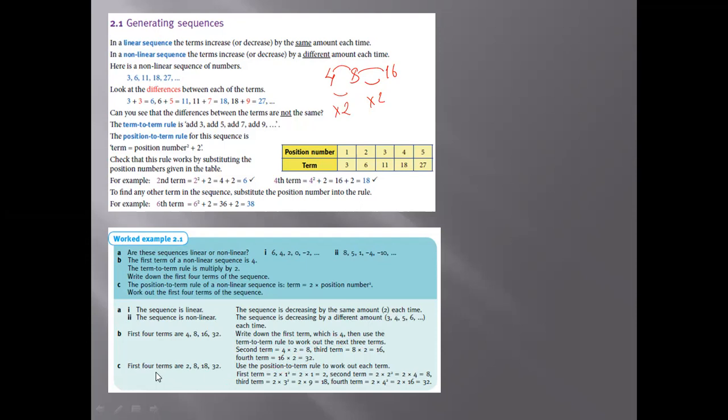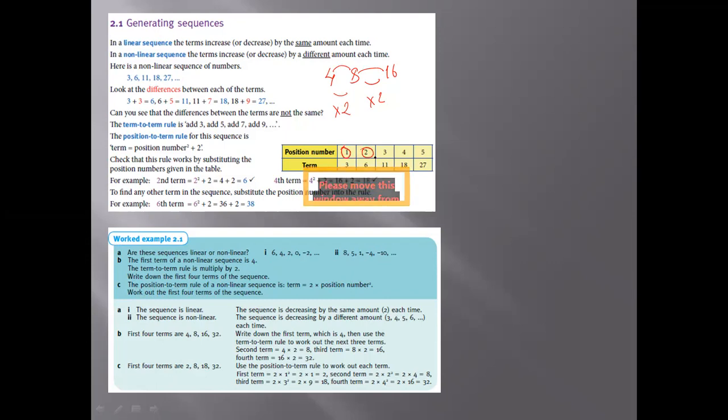The question is here. The position-to-term rule of a non-linear sequence is term equals 2 times x squared, where x is the position number. So first we need to work out the first 4 terms of the sequence. The first position number is 1.